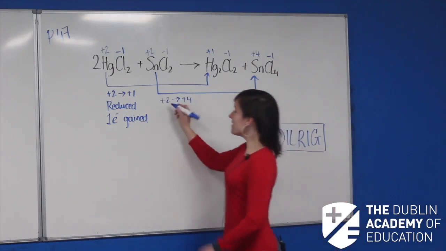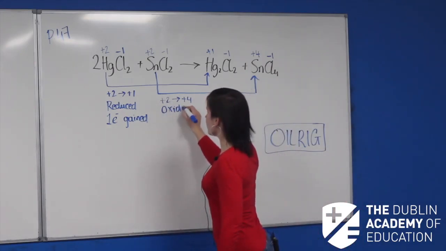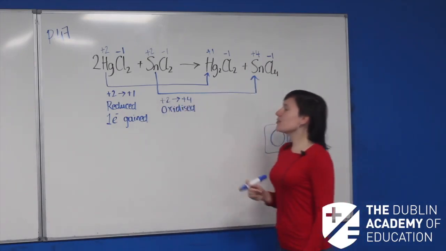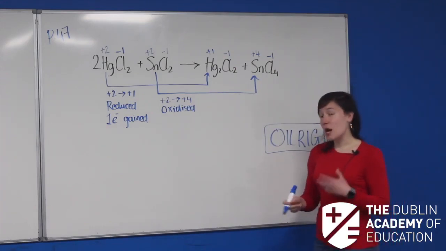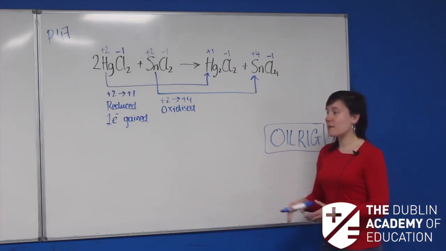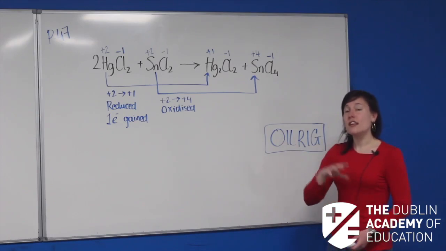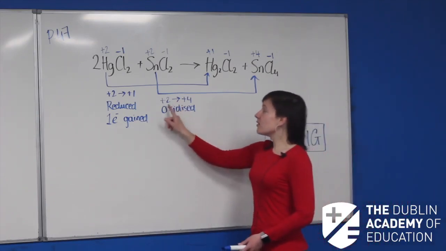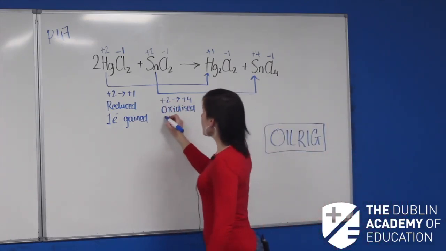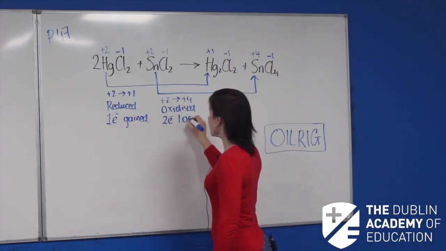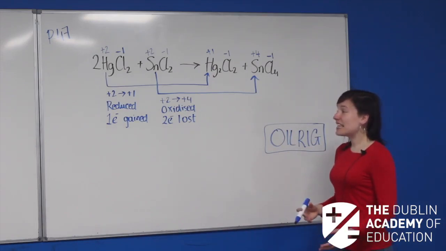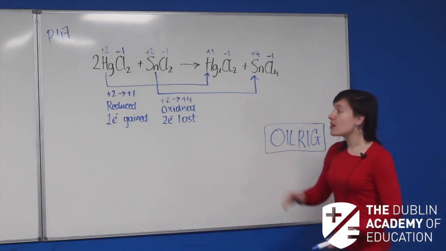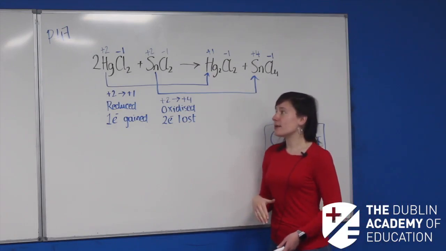So this has been oxidized. So +2 to +4, it has been oxidized. We're losing electrons here to become more positive. Sometimes that can be a little bit tricky to remember. Electrons are negative, so if we lose electrons, the atom becomes positive. So +2 to +4, we've lost 2 electrons here. Okay, 2 electrons lost in the process. So we're able to identify, using our oxidation numbers, what has been oxidized and what has been reduced.